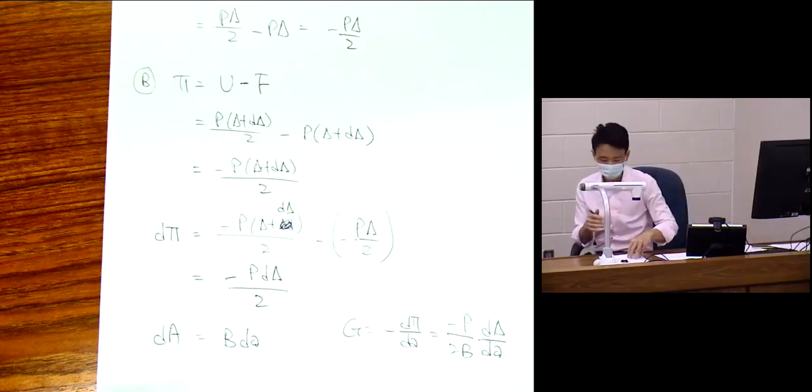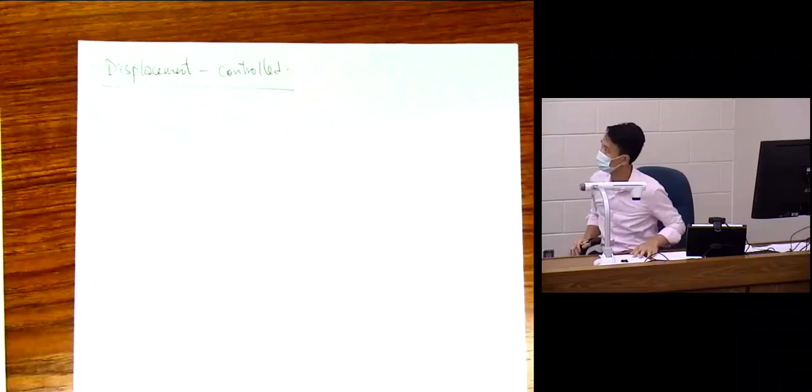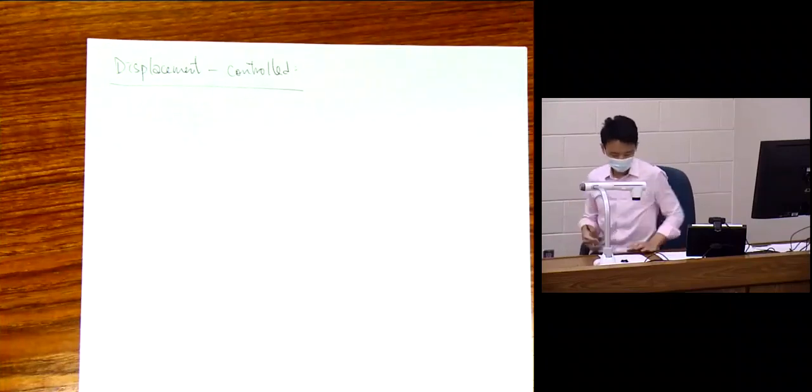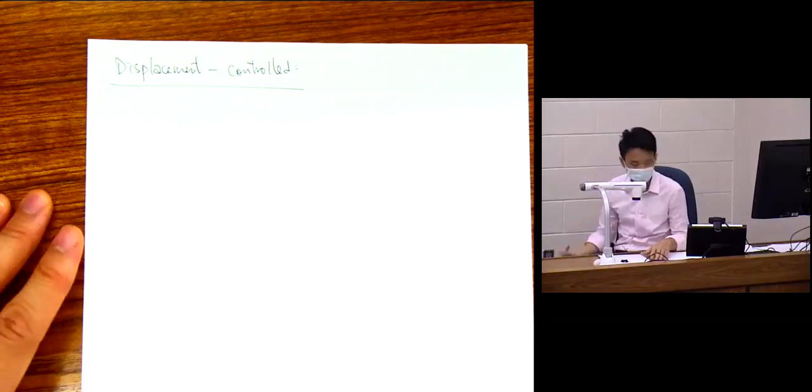So this is load control. Let me go through the displacement control more quickly. Right, the thought is the same. So I'm not going to go through this in the same amount of detail. So this is displacement control, and also a very well used experiment, or in reality, right?